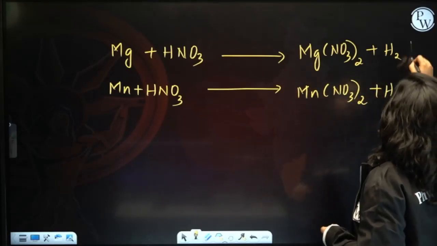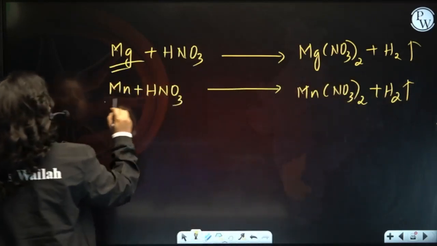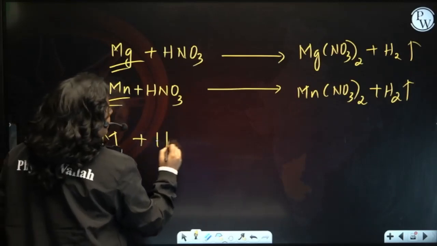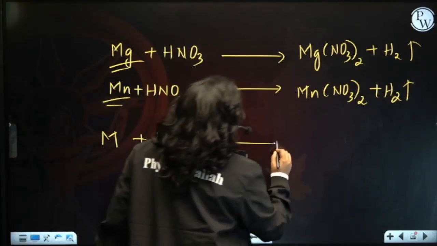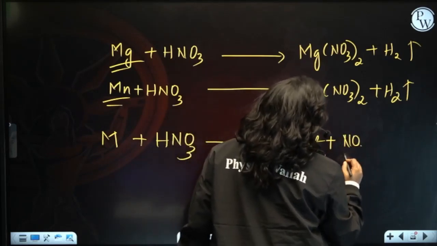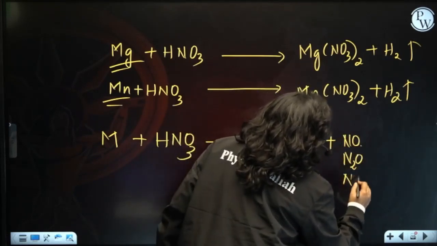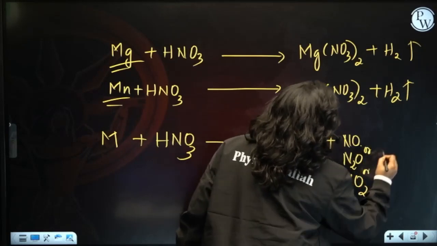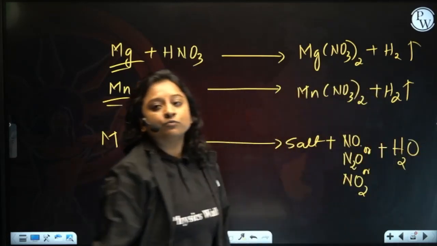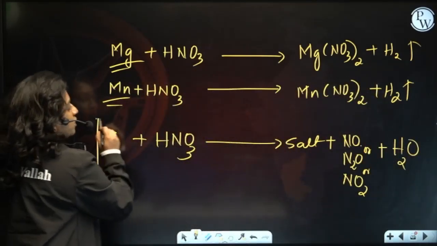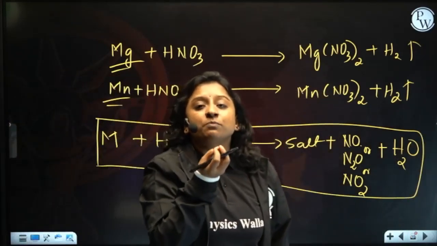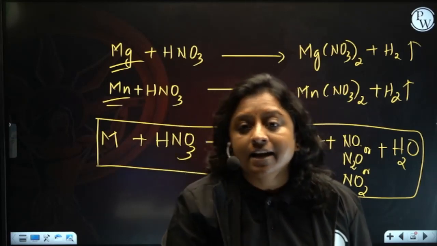But any other metal, in general M, reacted with HNO3 gives a salt and gases such as NO, N2O or NO2 as products, and instead of hydrogen you write water. Why? Because HNO3 is an oxygen provider. It is an oxidizing agent.